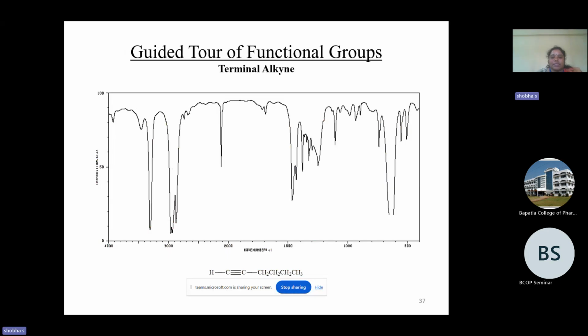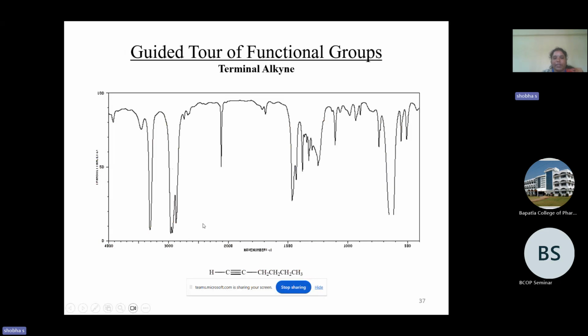By seeing the structure, CH2, CH2, CH2, CH2, it means alkane. Here is the alkyne structure. I told you the H attached to the alkyne will come in zone 1, that means 3700 to 3200.